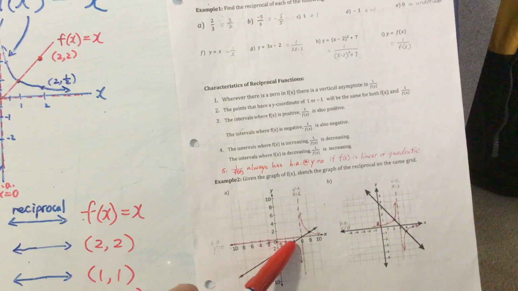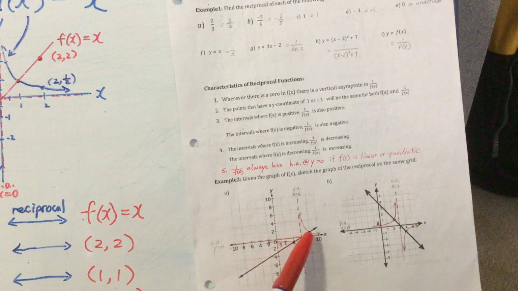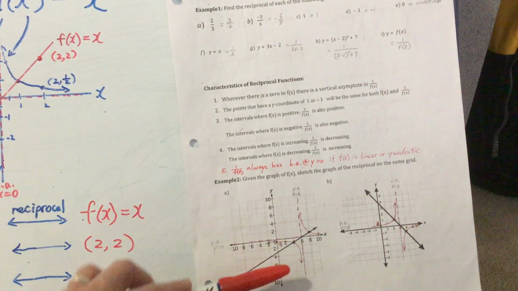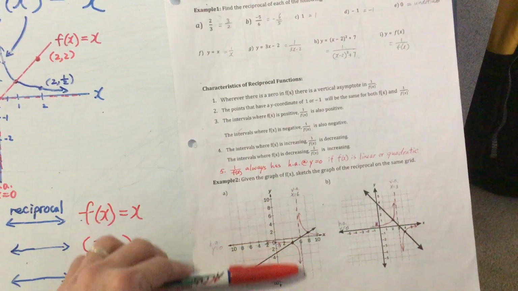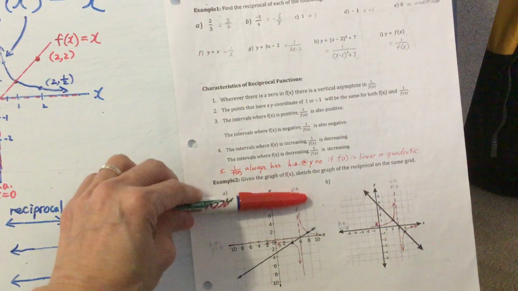So when I connect everything, what I can do basically is make sure that they all intercept at a point where y is equal to 1 or negative 1. And make sure that they all have the same positive or negative intervals.